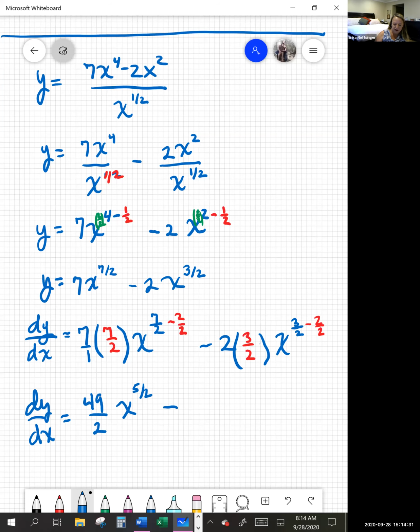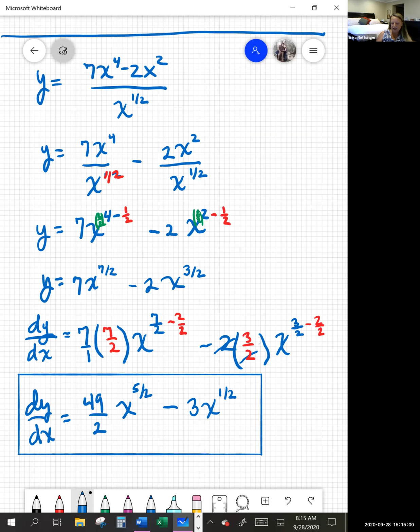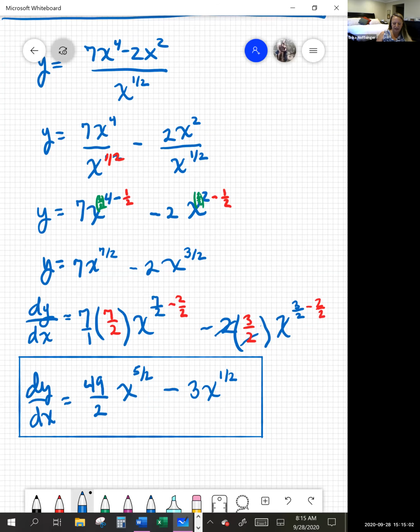Minus, well, in this fraction here, we have negative 2 times 3/2, but the 2's can cancel. And so we're really left with negative 3 x to the, well, 3/2 minus 2/2 is 1/2. So we can leave it like that, or we can rewrite it in radical form. But those are not like terms, and so we're not going to be able to add those together.